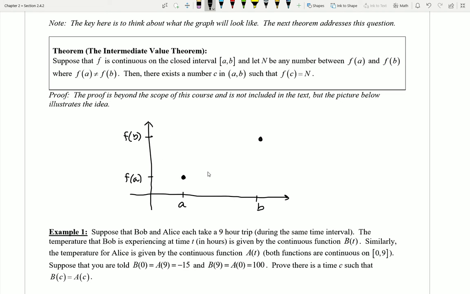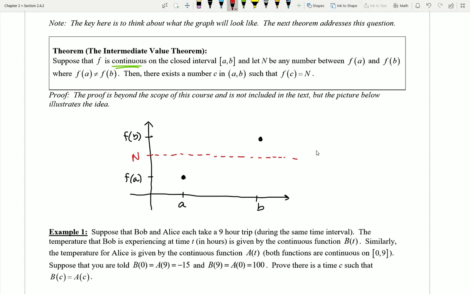And I don't know how these points connect, except that my function is continuous. Now, as long as n is some y value that's in between these two, whether that's y value 5, y value 0, y value 10, it doesn't matter.